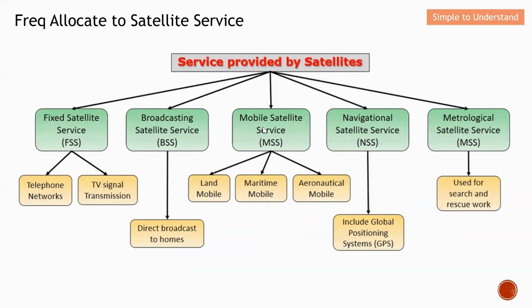We also have the mobile satellite service, mainly for land mobile, maritime mobile, or even aeronautical mobile. Next, we have the navigation satellite service. This includes the GPS. Last but not least, we have the meteorological satellite service. This is mainly used for search and rescue work.